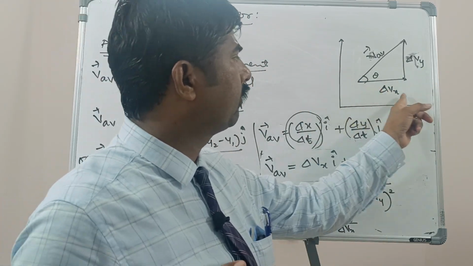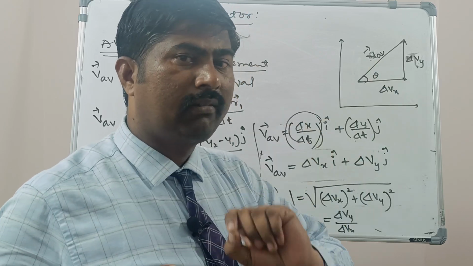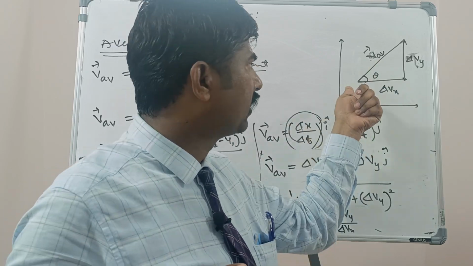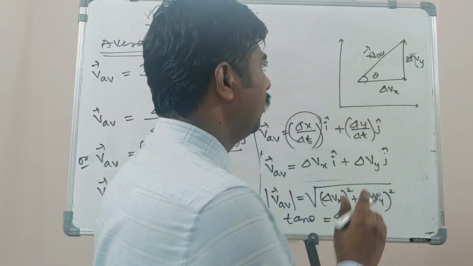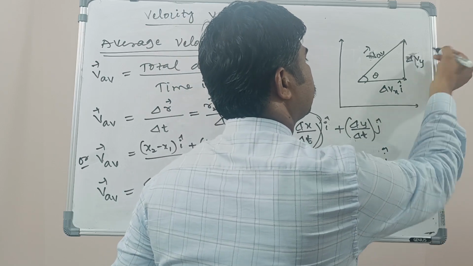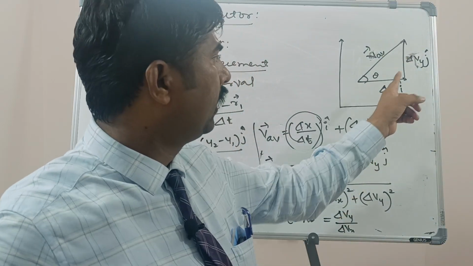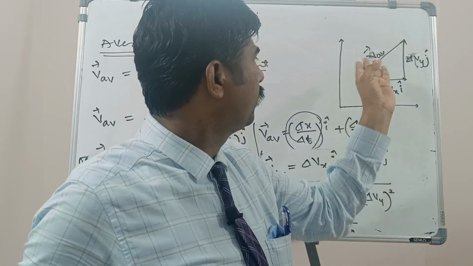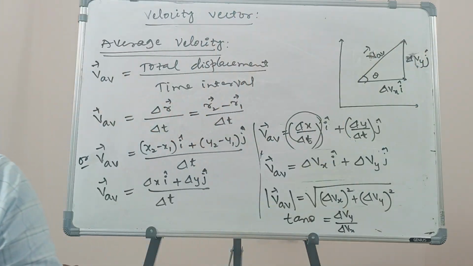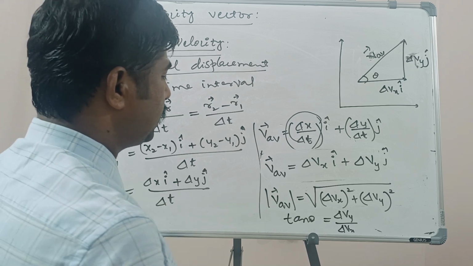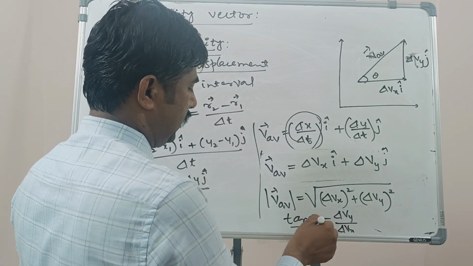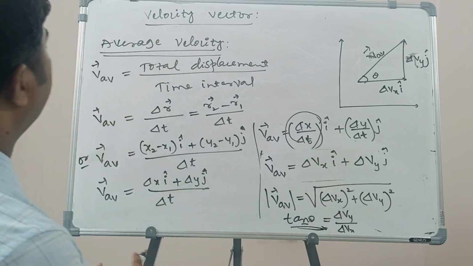This is called the component of velocity. So we resolve the velocity into two components: the horizontal component is delta Vx i cap and the y-axis velocity is delta Vy j cap. This is your average velocity. Got it? Clear? Okay, fine. So this is the formula for finding the direction. To understand this, we will go through one example.